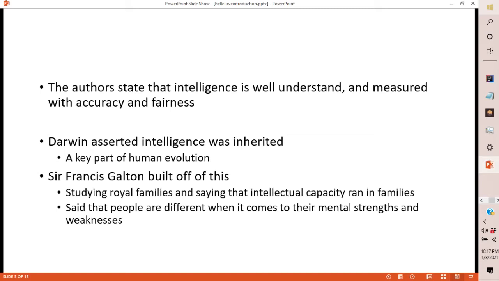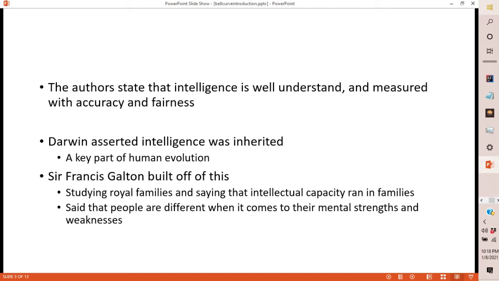So the authors, Charles and Richard, make one assertion: that intelligence is well understood, it can be measured, and it paints a pretty good picture of success in a person's life, the type of job that they could qualify for, the college that they could get into.